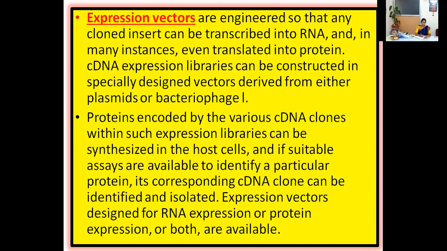Expression vectors designed for RNA expression or protein expression are both available in the vector system. You must understand here, cloning vectors are only for cloning the DNA molecule to get more exact replicas of the DNA molecule, whereas an expression vector is responsible for the transcription process and also the translation process.